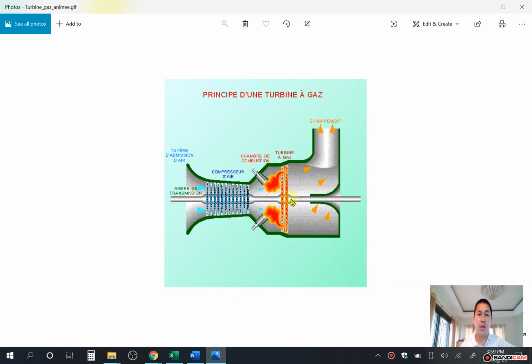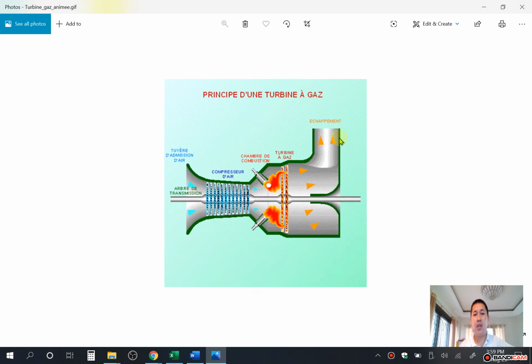So this one will rotate together at the same speed because they are connected in the same shaft. So after passing here the combustion gases, it will blow the exhaust gas to the atmosphere. So this is for the open cycle gas turbine.